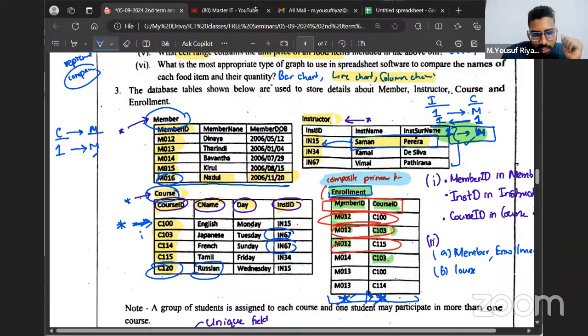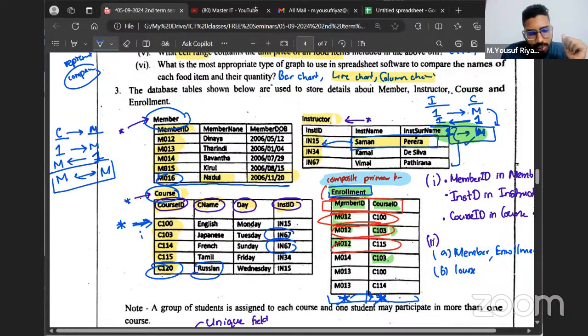If I take a specific member, for example this person called Dinaya, can Dinaya join only one course or can a member join many courses? They can join many. When you have M and M, put M down. If you have M on that side, put M. Same thing we did here as well. Only if it's one and one, you write one. So it's a many-to-many relationship.